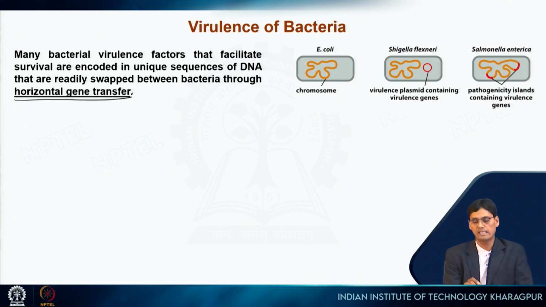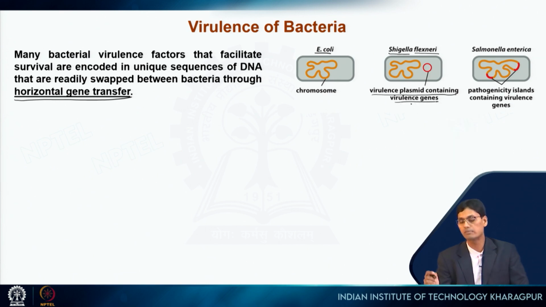I will be discussing that. But here if you see the E. coli cell, you have just one chromosome, the E. coli chromosome. On the other hand, this bacterium, Shigella flexneri, if you see, has one plasmid, a virulence plasmid containing virulence genes.